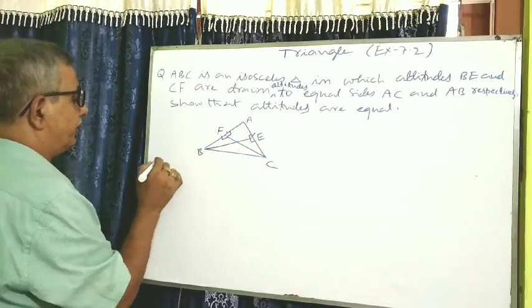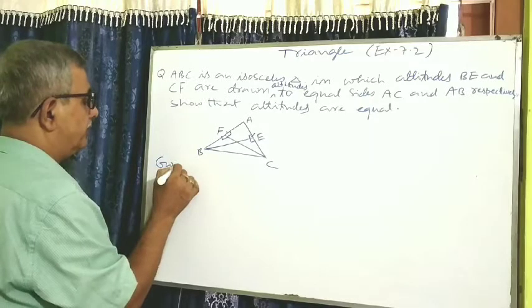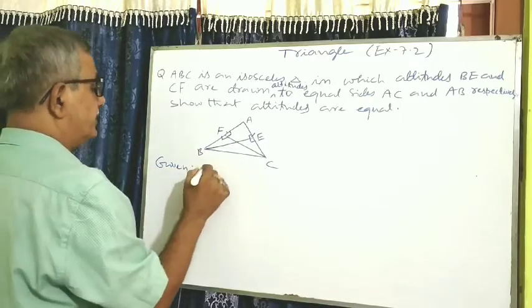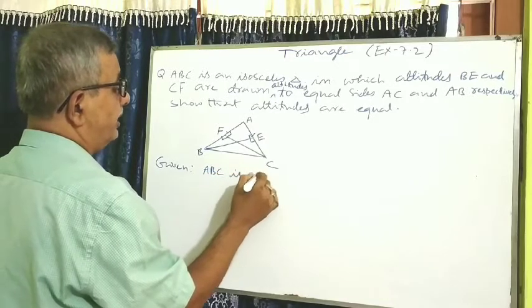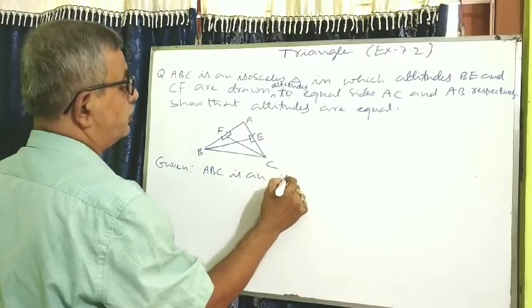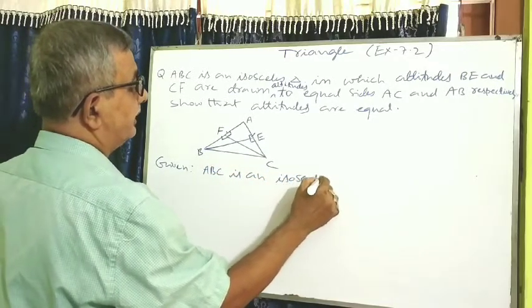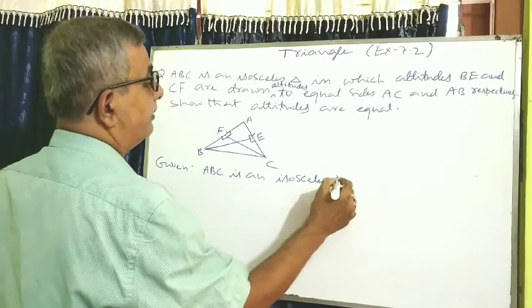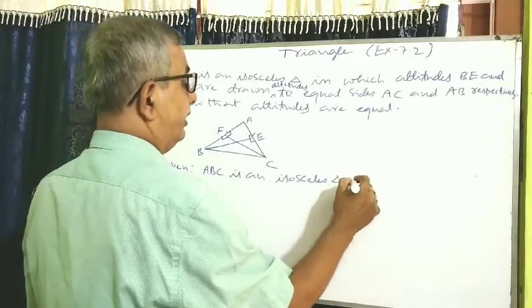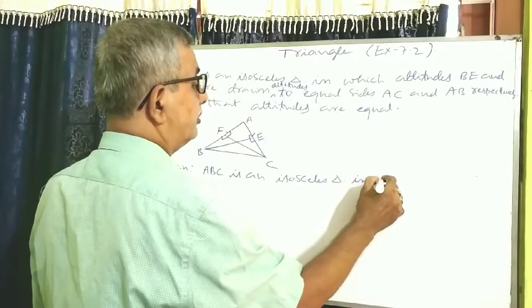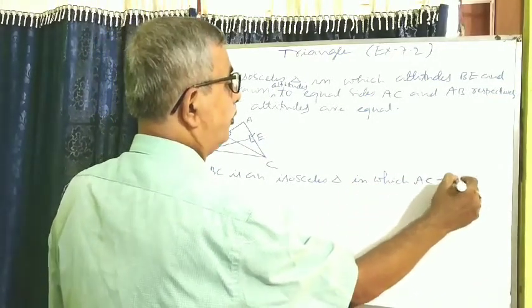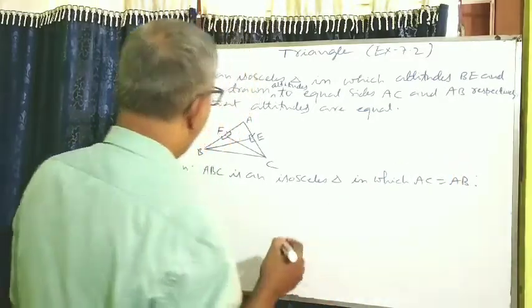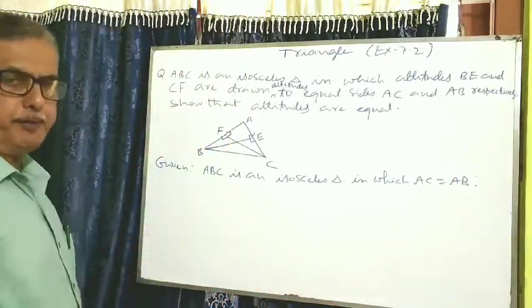First of all, I am writing Given. ABC is an isosceles triangle in which AC is equal to AB. Now what are perpendicular? Altitude means perpendicular.